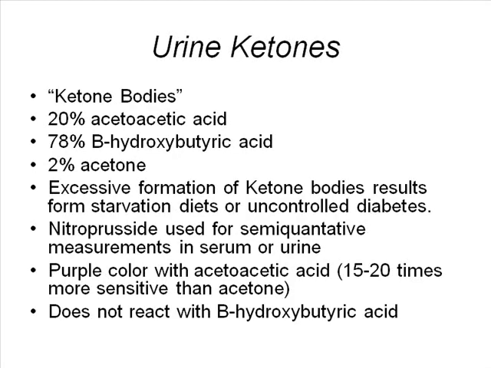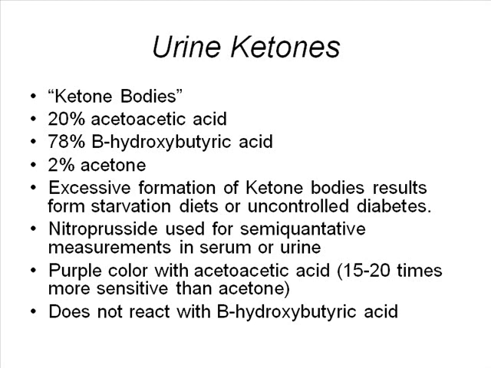All right. Now your ketones. What are ketones? You have the ketone bodies, which are 20% acetoacetic acid, 78% beta-hydroxybutyric acid, and 2% acetone. What we normally measure in urine and in blood is the acetoacetic acid.